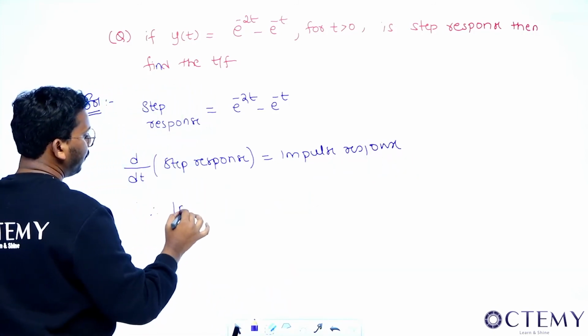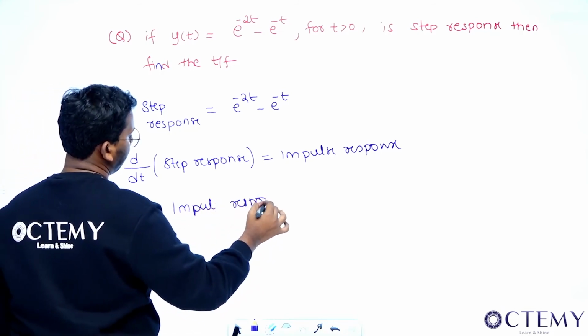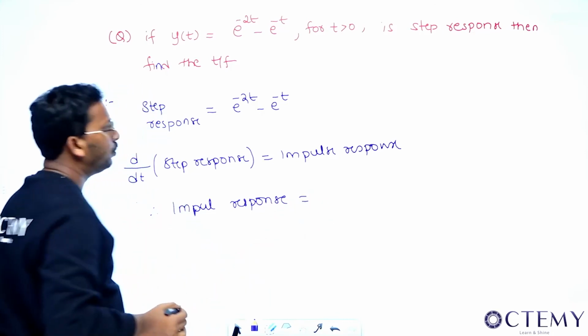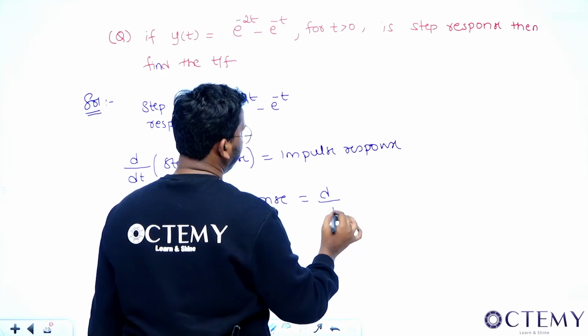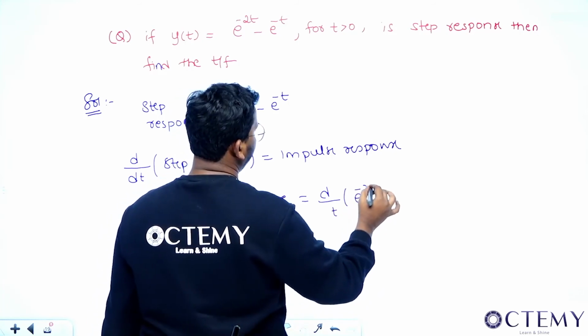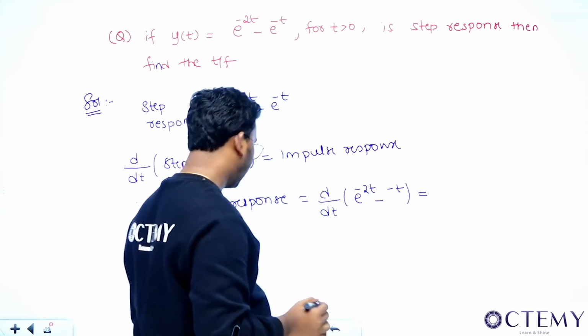Therefore, impulse response is equal to, you differentiate this with respect to t. So d by dt of e power minus 2t minus e power minus t. So see, sir, what will that become?